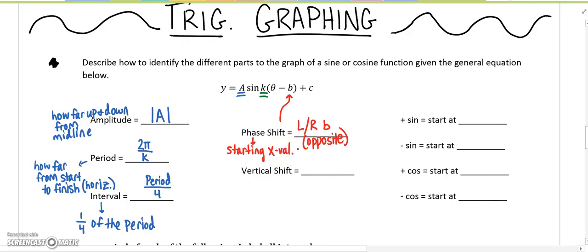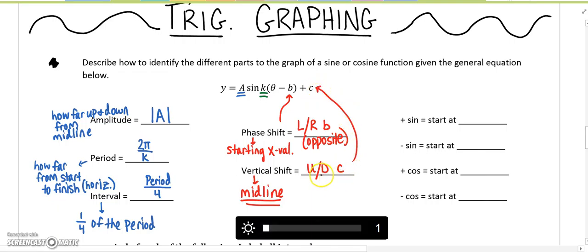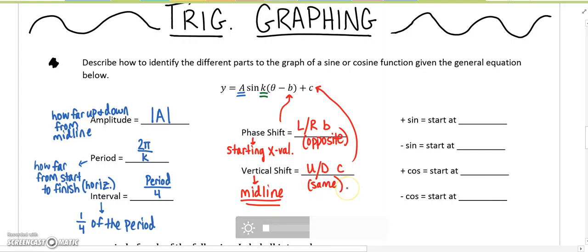Then our vertical shift tells us the midline. So it's kind of like what y value to start at, except that can kind of depend. So we just call it the midline. So that would be up or down C. And that is not opposite. That's the same. So if you want to write that, it's the same. You don't have to do opposite.